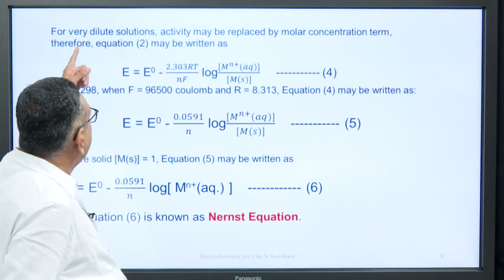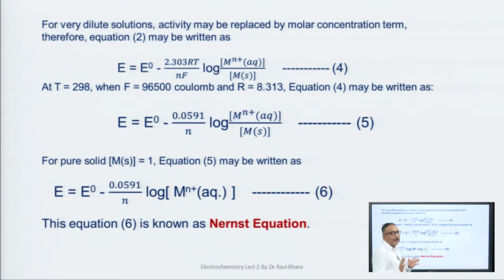Now, for very dilute solution, I have told you we use activity in place of molar concentrations for electrolyte solutions. If the electrolyte is very dilute, then activity can be replaced by molar concentrations; we can consider activity just equal to the molar concentration.